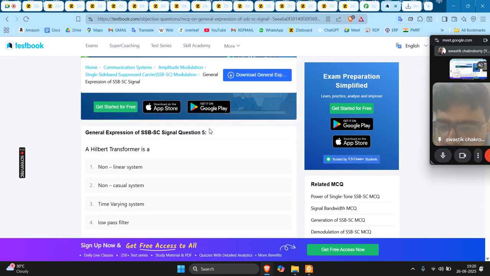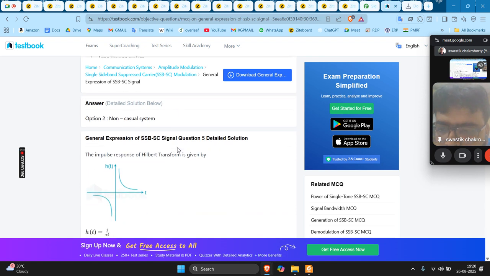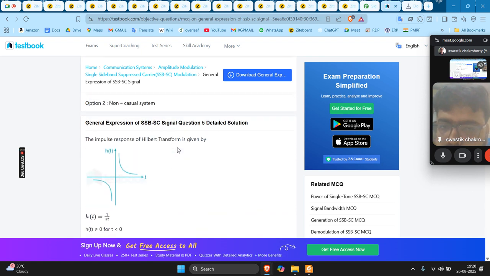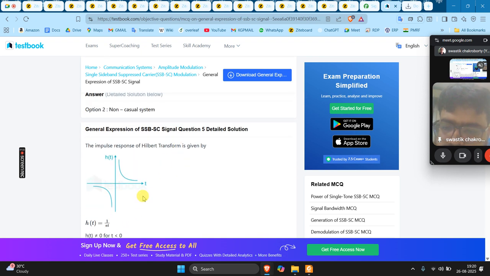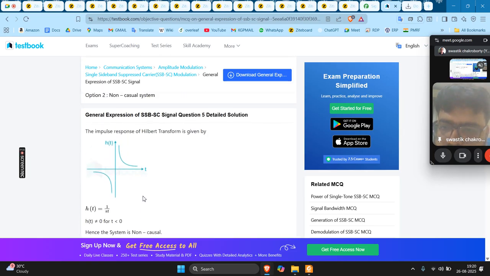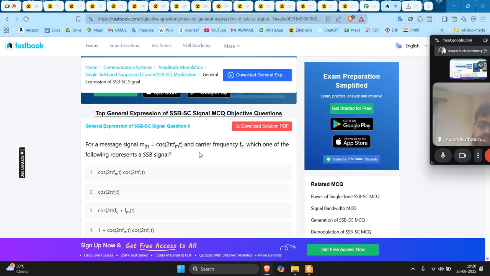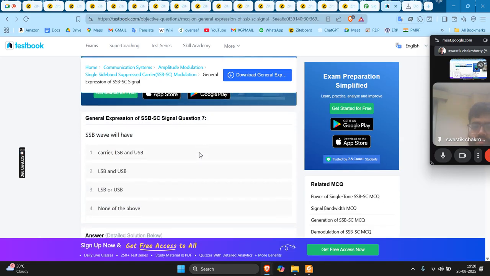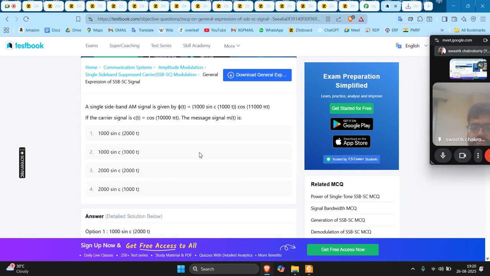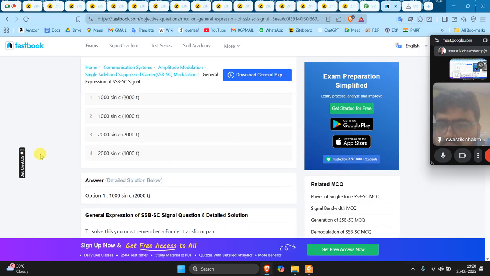I don't think this is the way. The impulse response of a Hilbert transform is given as this thing. So this one I think has a typo. We will not go there.